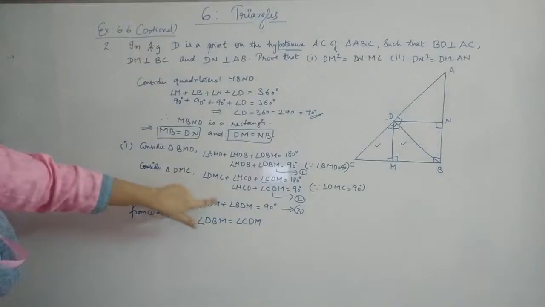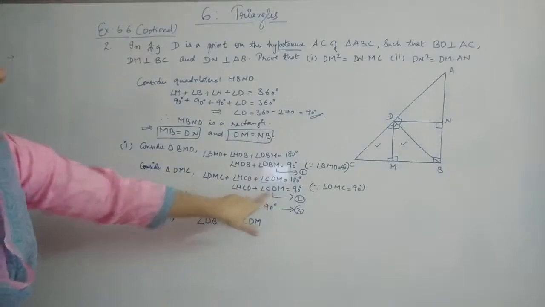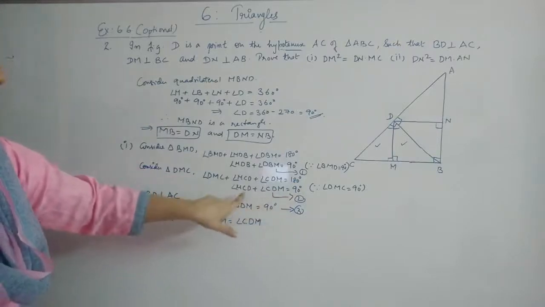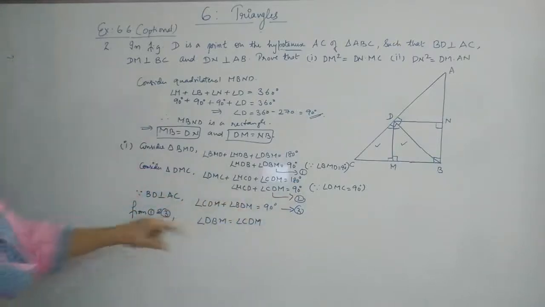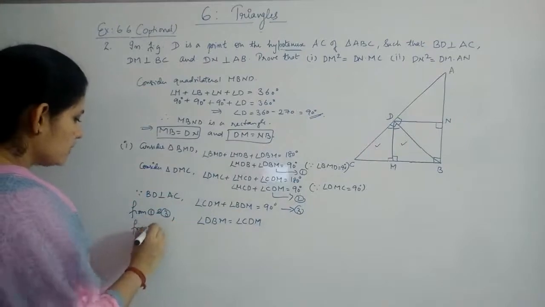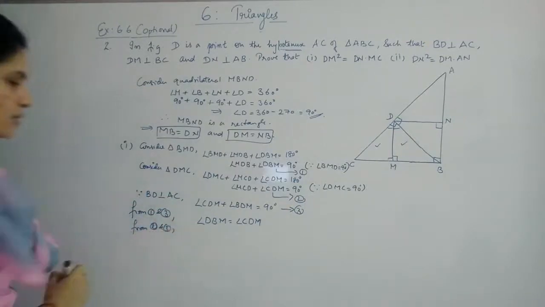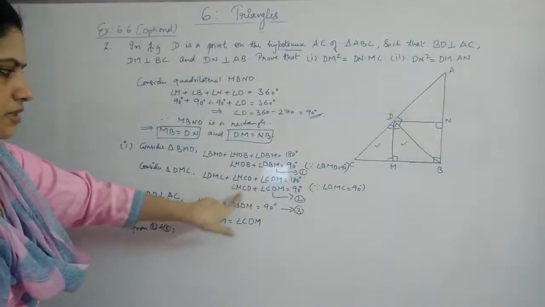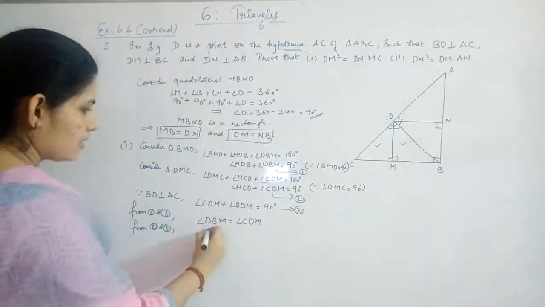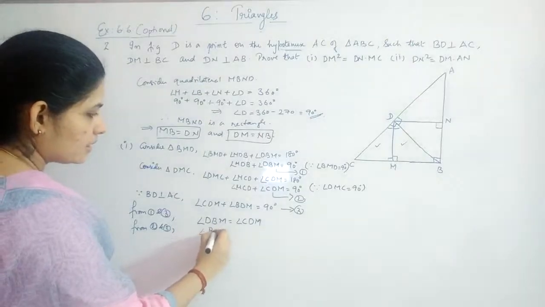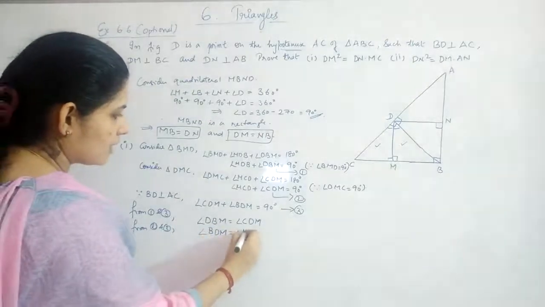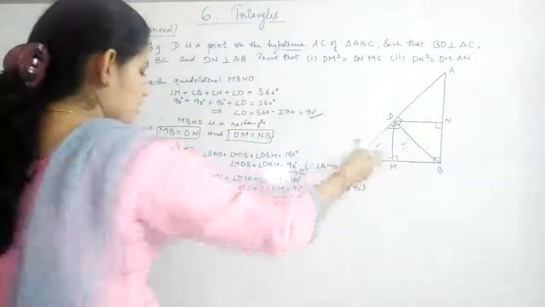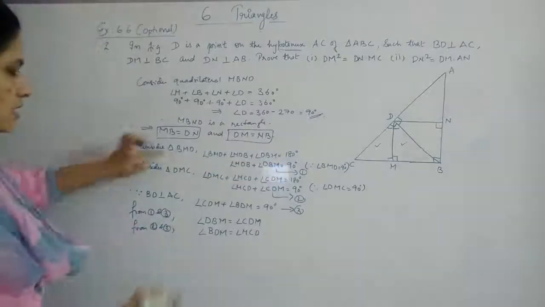And again from second and third you can just see CDM and here also CDM both have as sum as 90 on the right hand side, so that MCD will be same as BDM. Okay, so from 2 and 3, second equation and third equation, what you are getting, these two are equal, so that this will be equal, that is angle BDM is equal to angle MCD. Okay, now you just go to the triangles, corresponding triangles. Which all triangles we have considered?